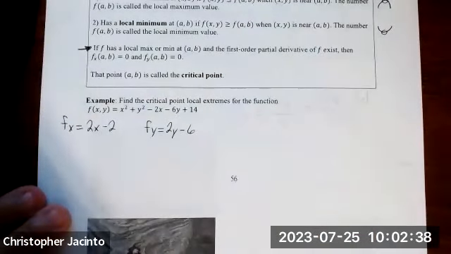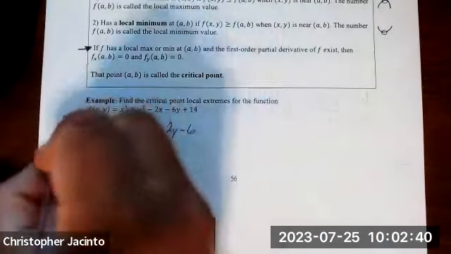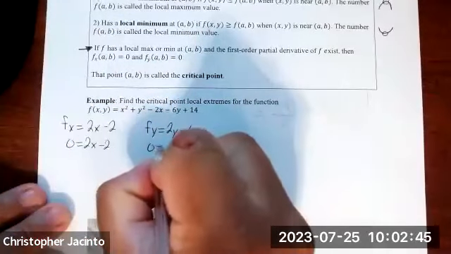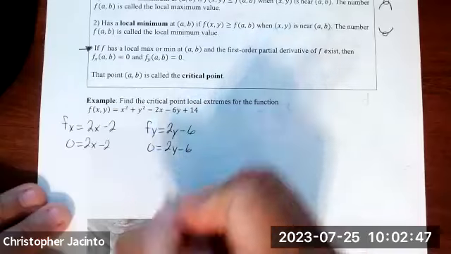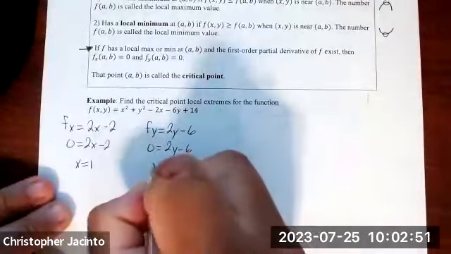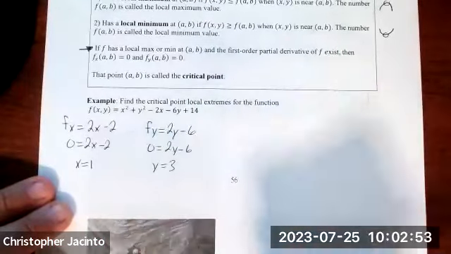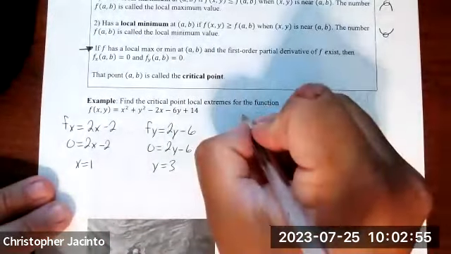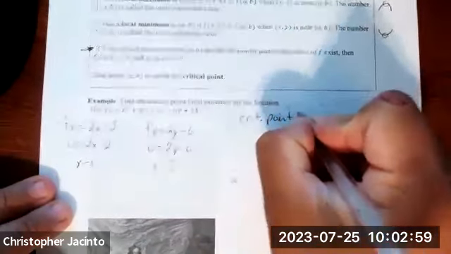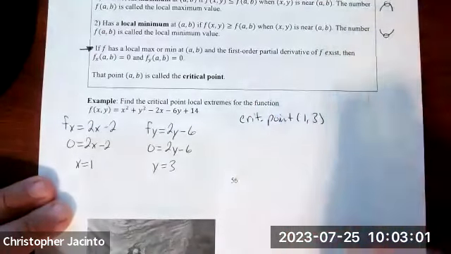Okay. So now the next step is just to set it equal to 0 and solve. So solving for x, we get x equals 1. Solving for y, we get y equals 3. So we have one critical point, (1, 3).